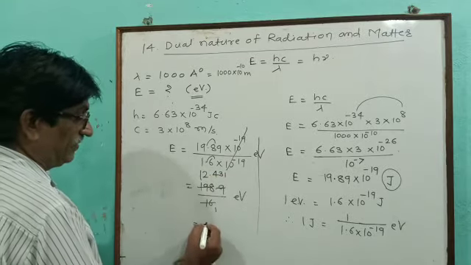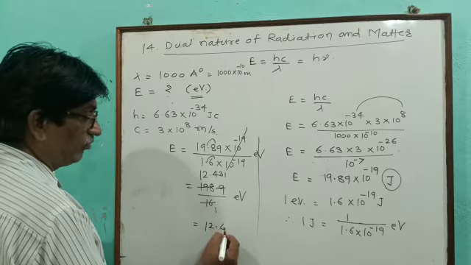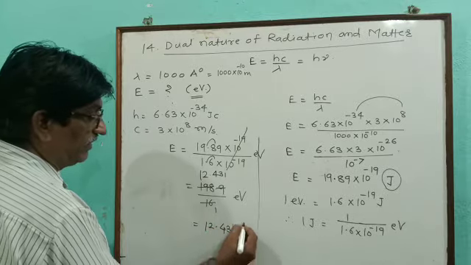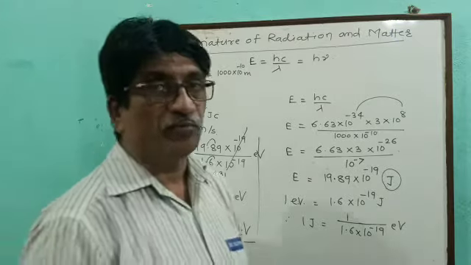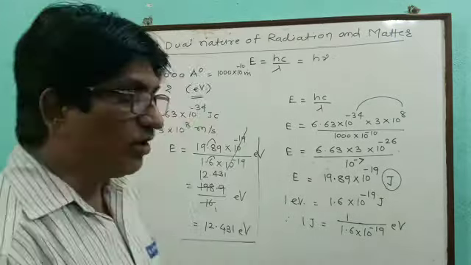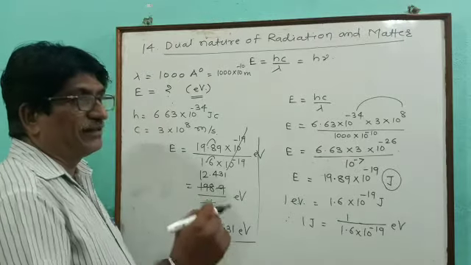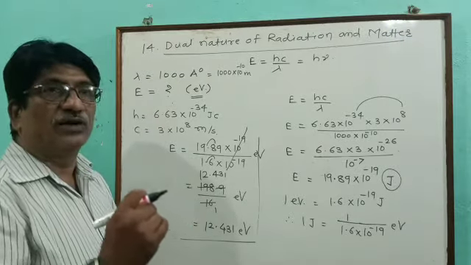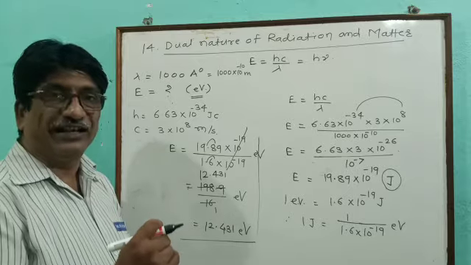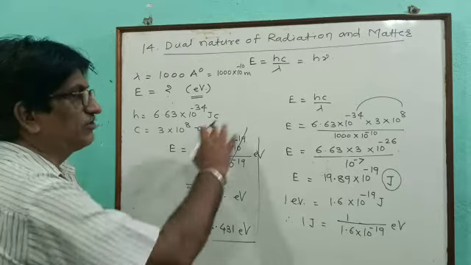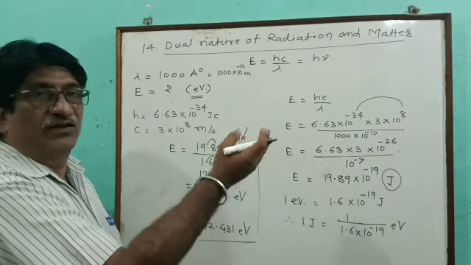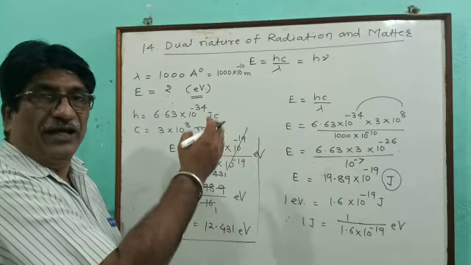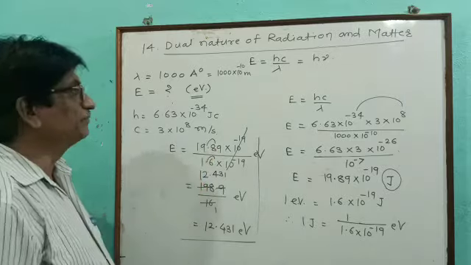That is 12.431 electron volt. Such type of question can be asked for short answer type, that is for 2 marks or for 3 marks, and we can solve easily on the basis of Planck's quantum theory.